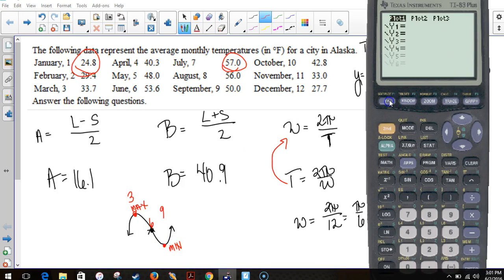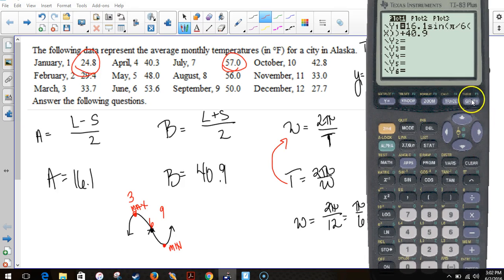And I'm going to go into y equals and type in the parts of the model that we have, which is 16.1 sine. I'm going to put pi over 6, and then a parentheses, x, close parentheses, and close another parentheses, which will make a little bit more sense after we find our phase shift, plus 40.9.